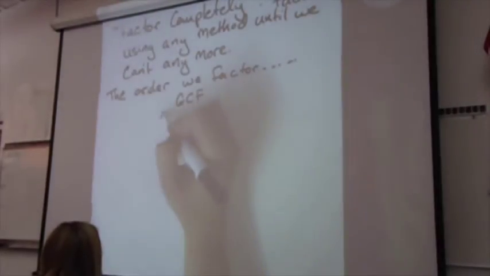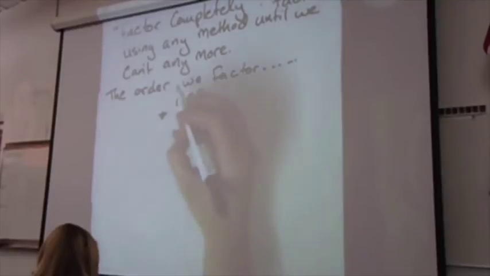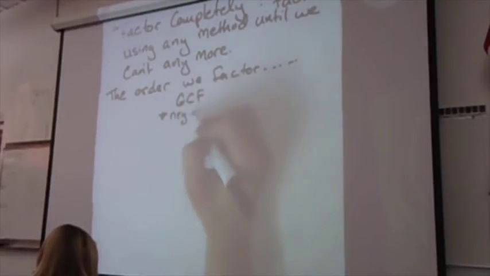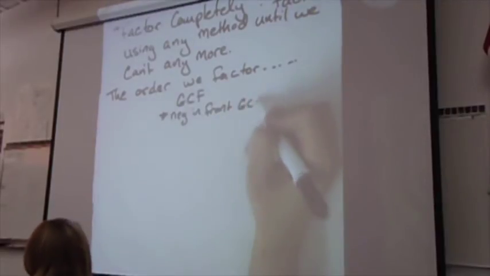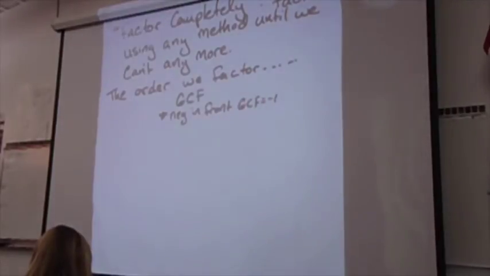And you need to remember that if you have a negative in the front, then that GCF is going to be a -1, because it's going to mess up most of your formulas from there.